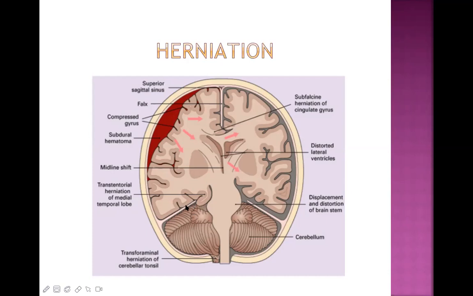Look at this area. This is the tentorium cerebelli. There is an opening in the middle of the tentorium cerebelli. Through that opening, the brain stem is going downward. So through this gap, if herniation occurs, we call it transtentorial or uncal herniation. Central herniation, the whole brain stem is herniated downward, and subfalcine herniation is right here.